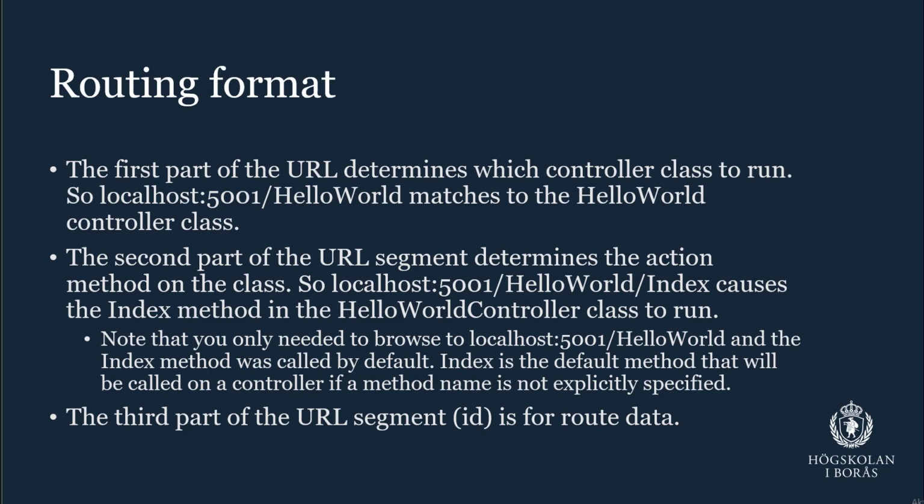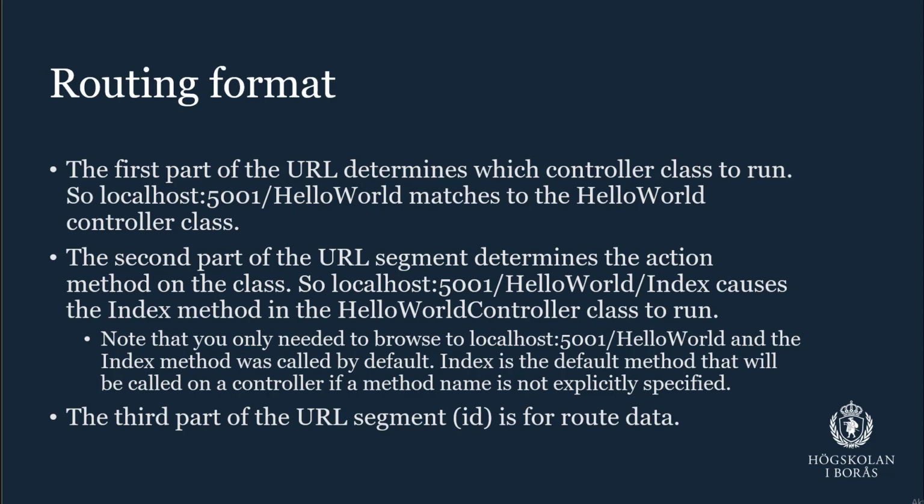So the first part of the URL determines which controller class to run. So localhost:5001/helloworld matches the HelloWorld controller class. They have to be identical in spelling. The second part of the URL segment determines the action method on the class. So localhost:5001/helloworld/index causes the index method in the HelloWorld controller class to run.